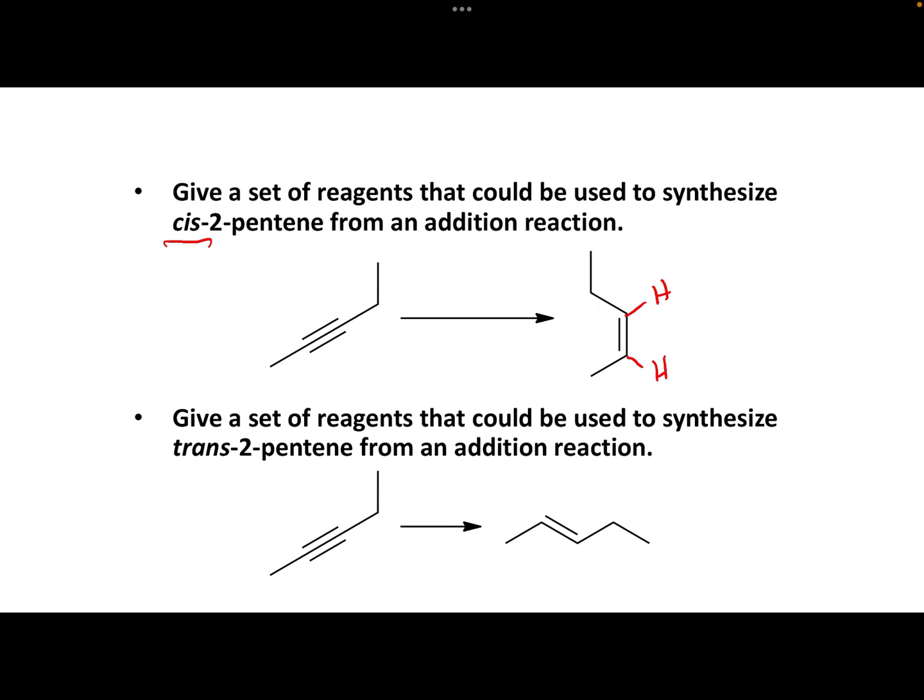The way that we create these cis alkenes is to use hydrogen and then some kind of poison catalyst, maybe Lindlar's catalyst. Really, you could have just written poison catalyst. We talked about a couple of them, but Lindlar's was really the most popular one.